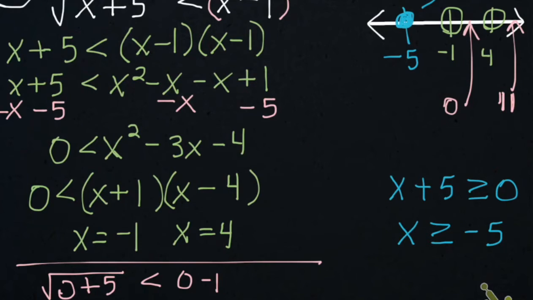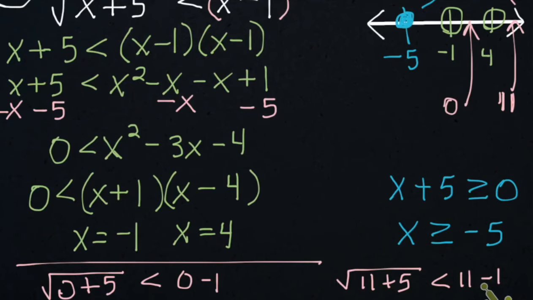Because 11 plus 5 is 16. Okay, so let's plug that in. So the square root of 11 plus 5 is less than 11 minus 1. Okay, 11 plus 5 is 16. Square root of 16 is 4. Is 4 less than 11 minus 1, which is 10?